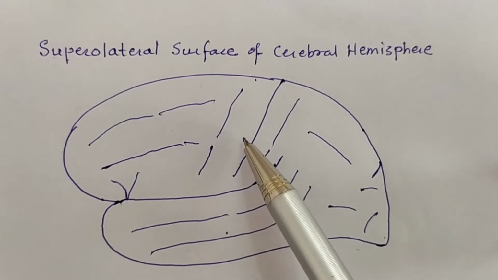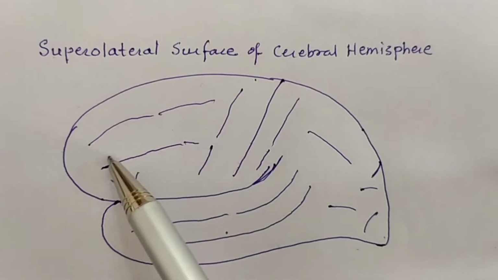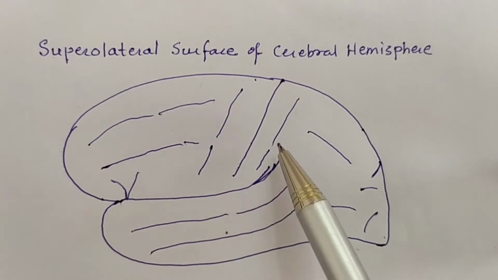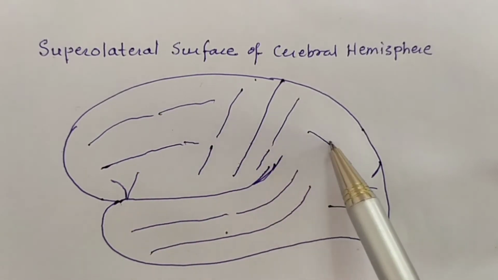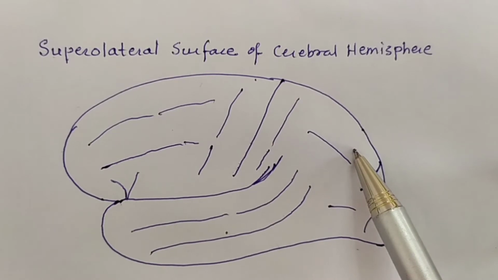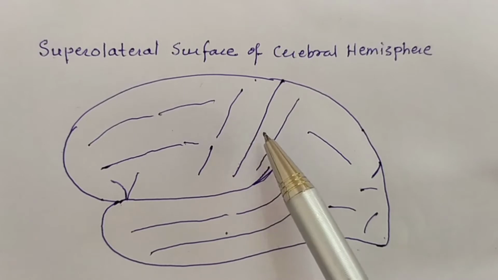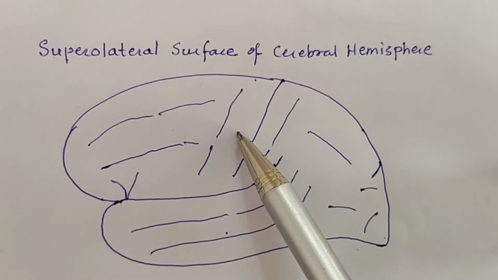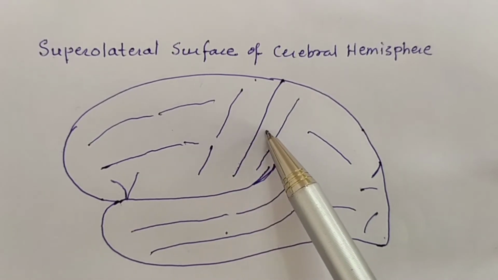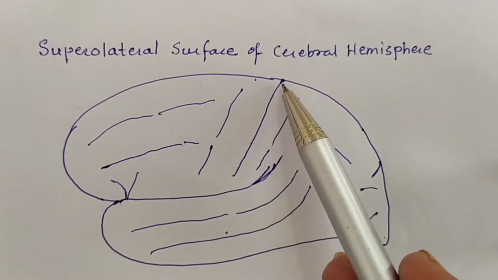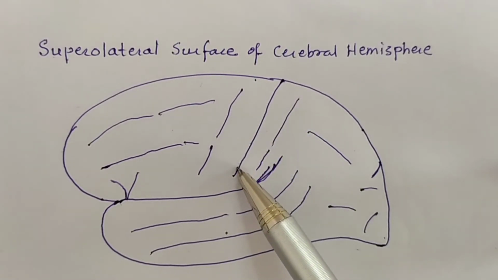The area in front of the central sulcus is frontal lobe and the area behind it is parietal lobe. In front of the central sulcus there is motor area and behind it there is sensory area. So it is one of the example of limiting sulcus.